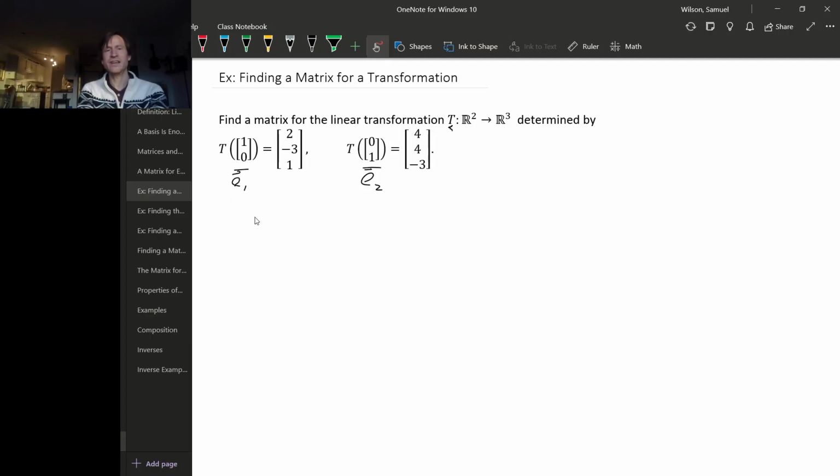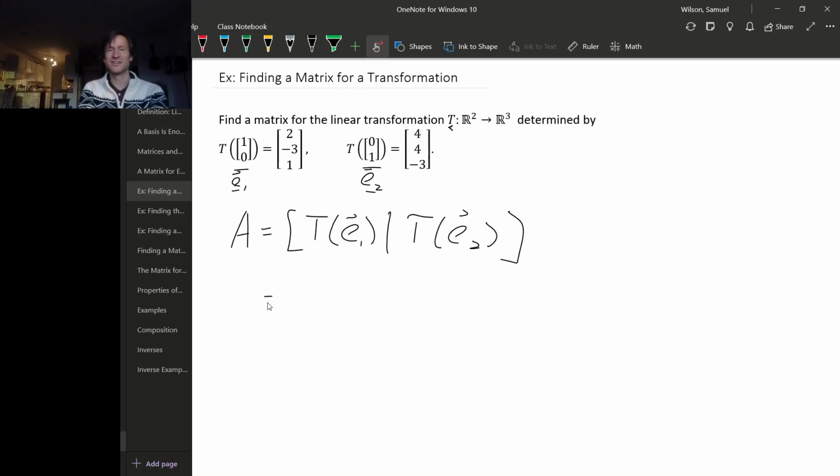So what we've said is the matrix for this transformation is just the matrix whose first column is T of E1, and whose second column is T of E2. And then we're done, because we only have two basis vectors. So that's 2, minus 3, 1, 4, 4, minus 3. You can see, really, we're just taking these vectors and popping them into a matrix as columns.